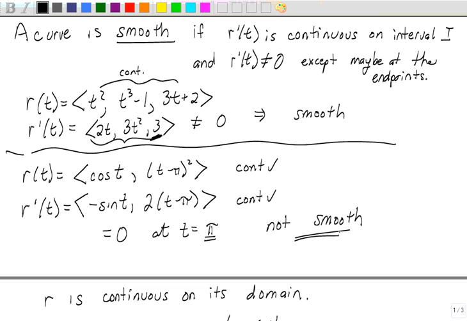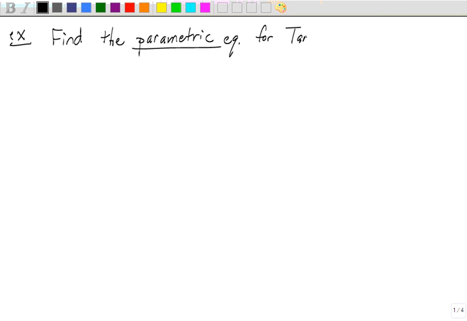Okay, let's look at tangent lines. Here's another example. Find the parametric equations for the tangent line to C at the point where t equals 1.